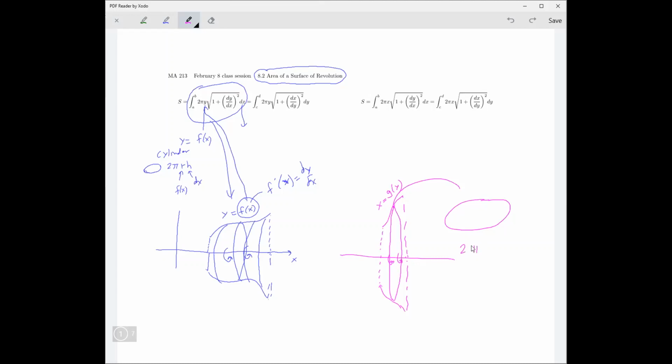So when you go 2 pi r h, what's the radius? It'll be this distance from here all the way up to here. And this time, the radius is going to be y. It's still the same y there. However, when you're looking at the height, it would be this, like here.